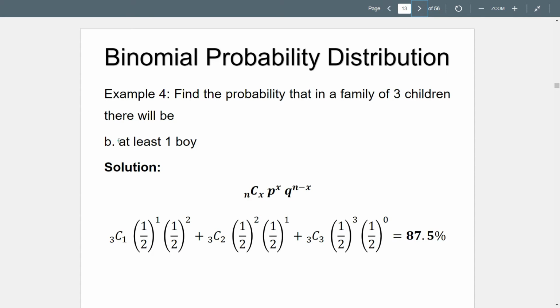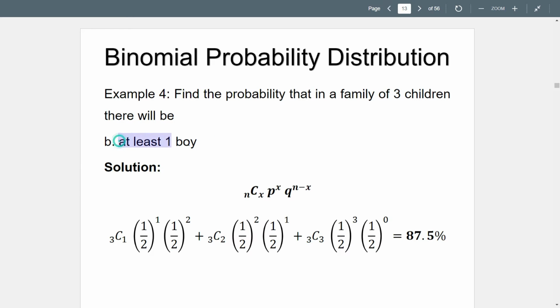Then at least one boy, continuation with problem number 4. Okay, so at least one boy, so x is 1. At least one boy, so there could be 2 boys, or probably all of them are boys.